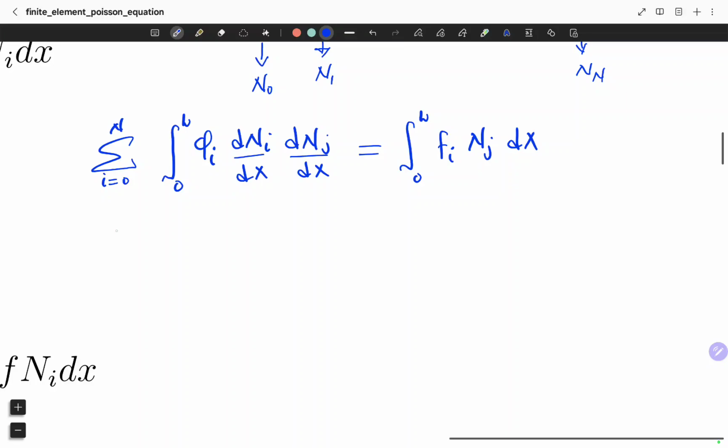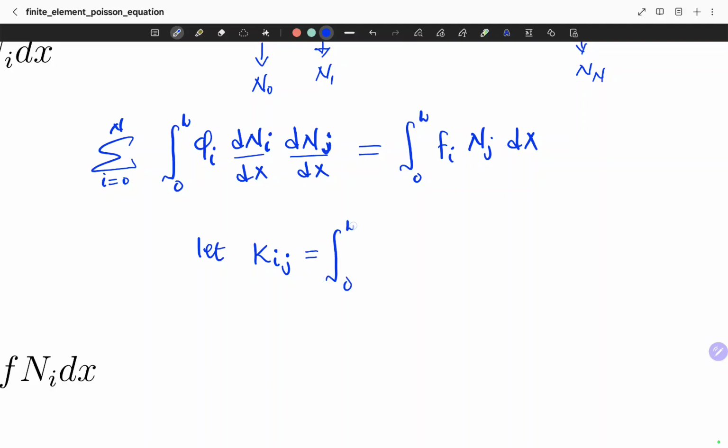And you can let some parameter k, you can call it Kij, so that I for this and j for this, Kij equals integral 0 to L of dNi by dx dNj by dx.